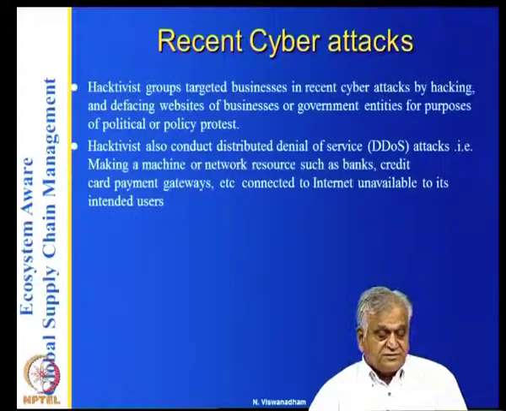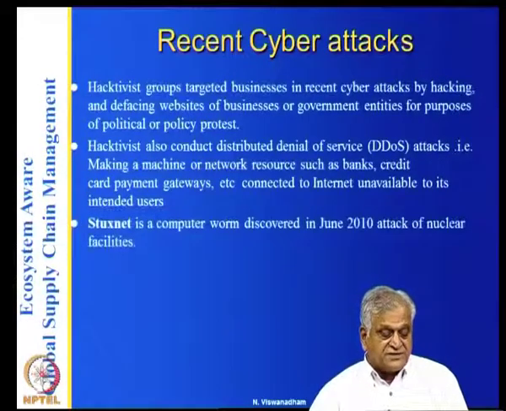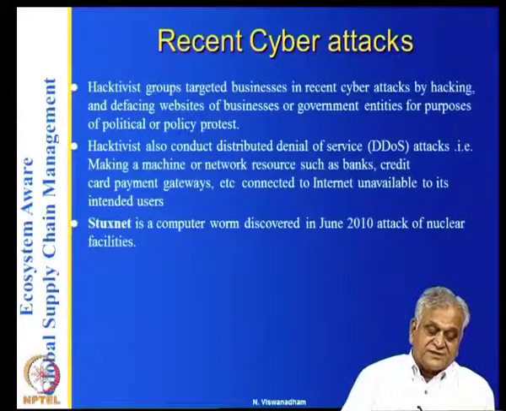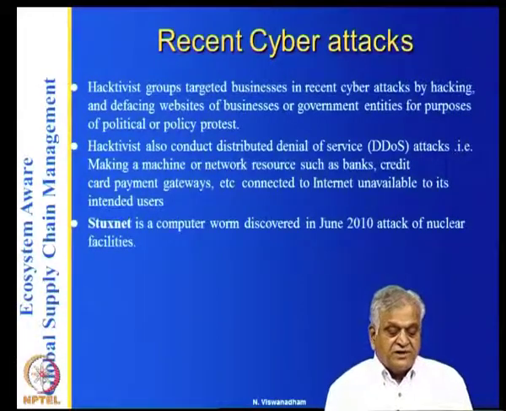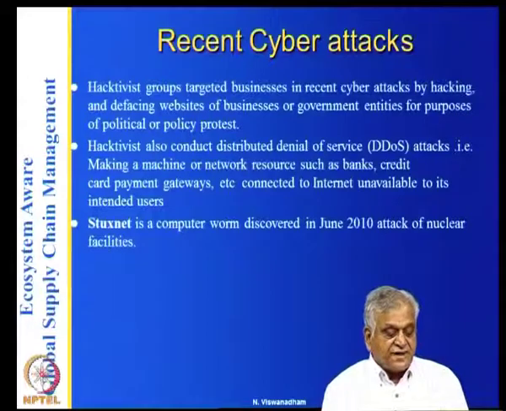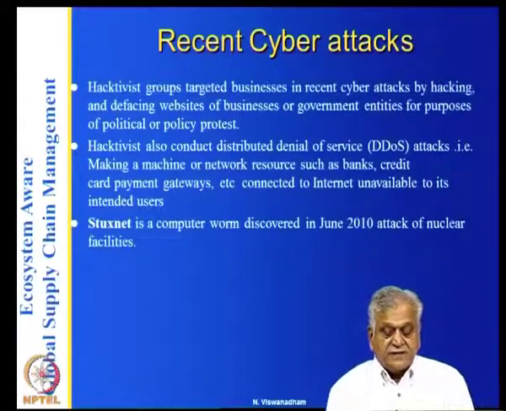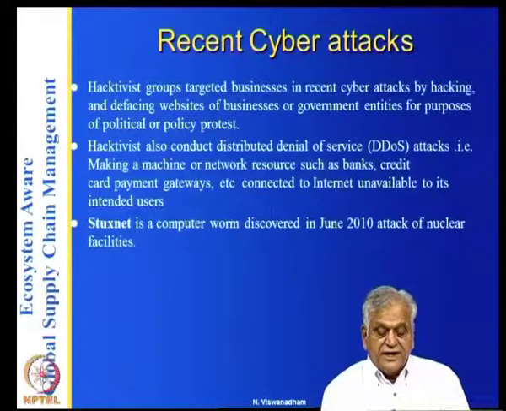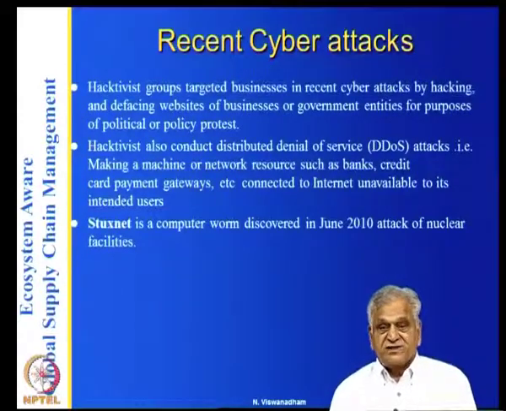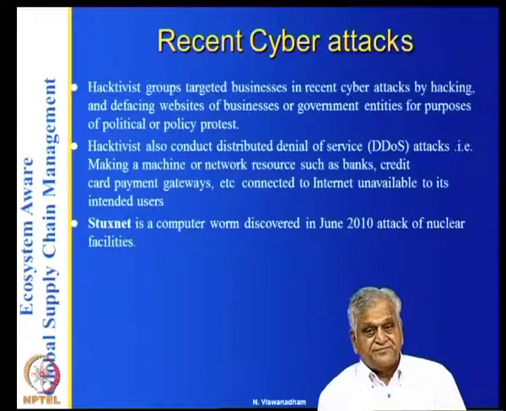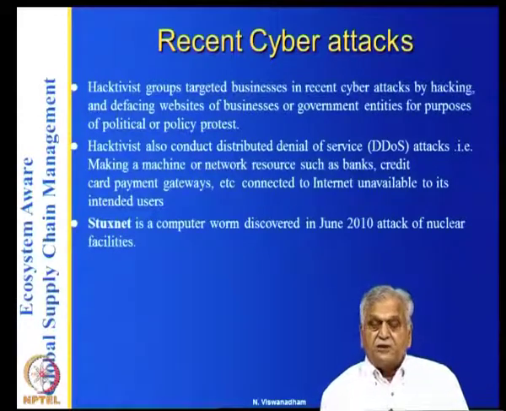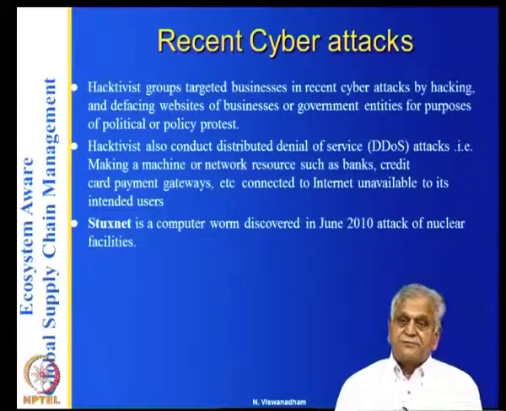But the bigger problem here is a computer worm called Stuxnet. In June 2010, an attack on the nuclear facilities of Iran was discovered. The Iran nuclear power plant was disabled.